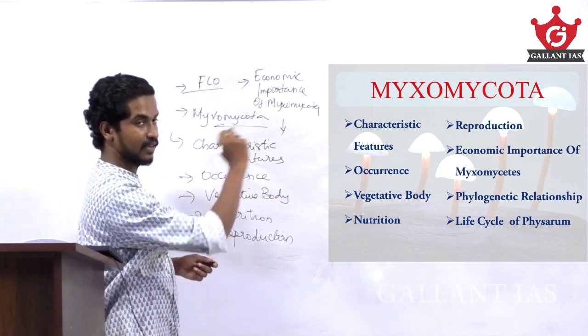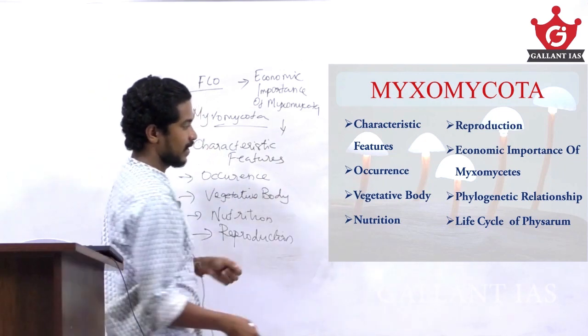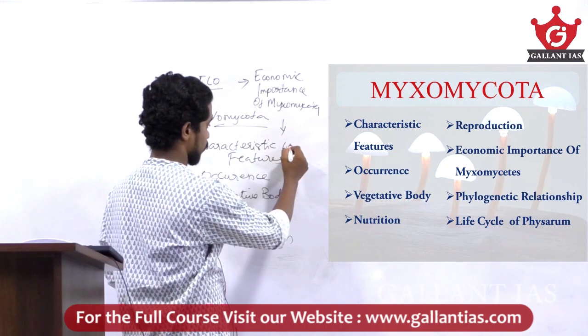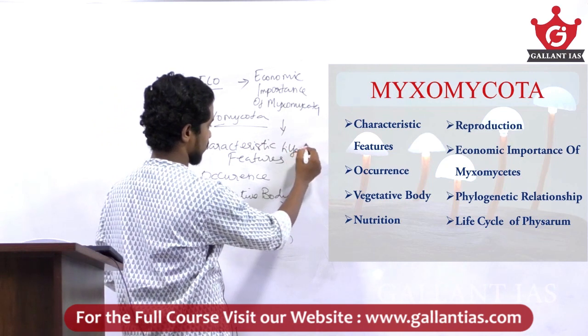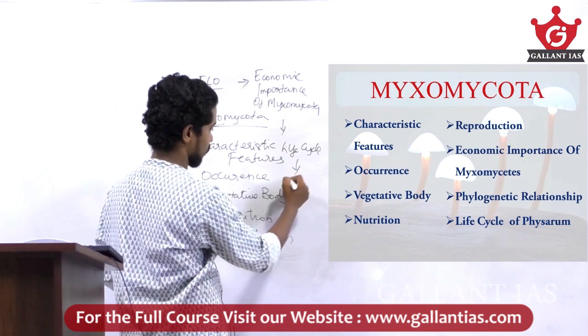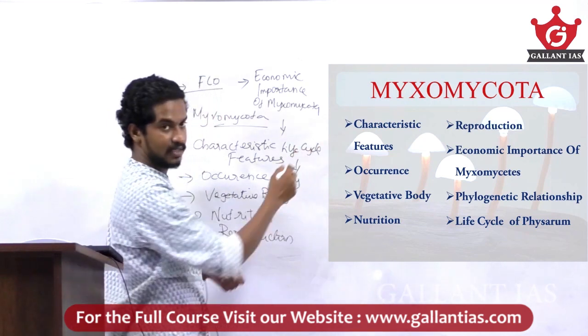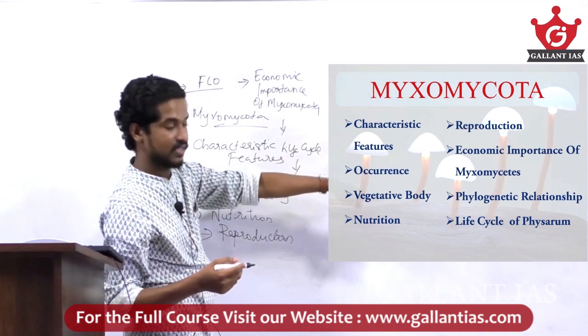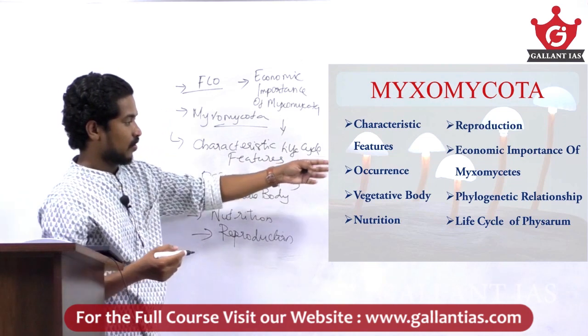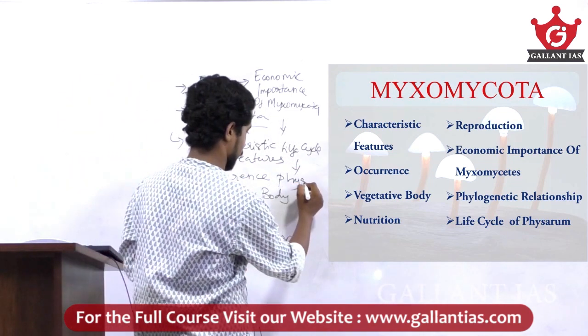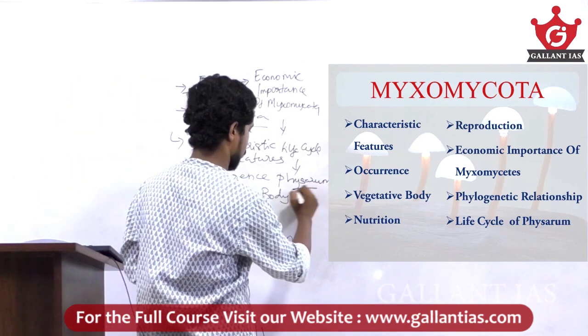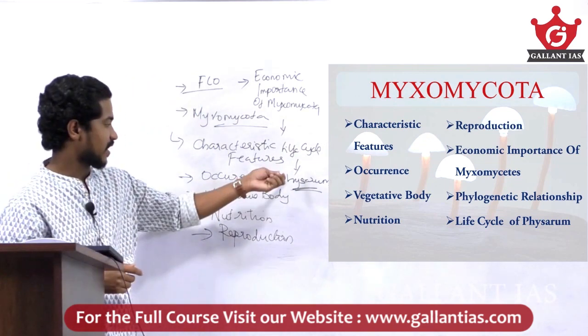Also their phylogenetic relationship, and you have to know at least one life cycle of a species. Mostly the question asked from this phylum is the life cycle of Physarum.